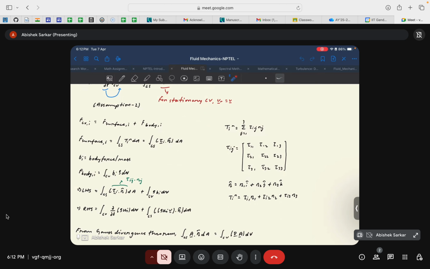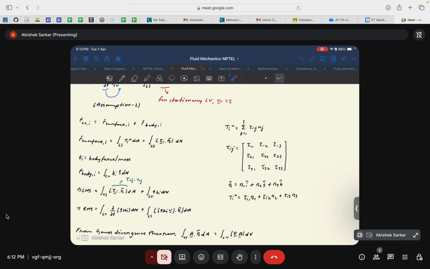For deducing the surface force, you know quite well that we take the help of the traction vector, the definition of which is shown here. I will not repeat it because we discussed it thoroughly in the very first lecture.